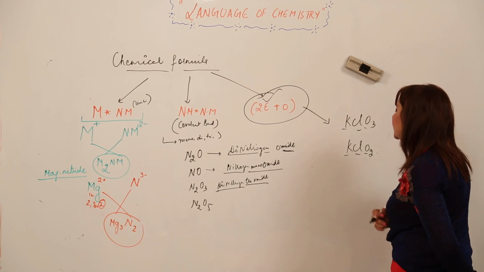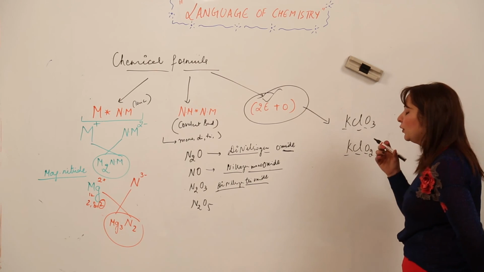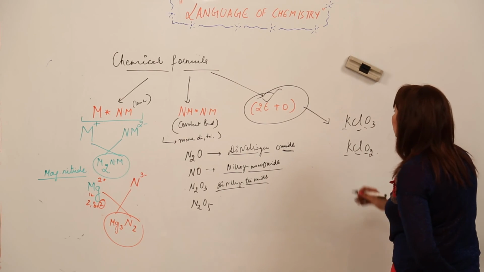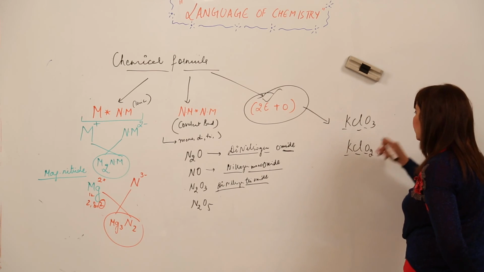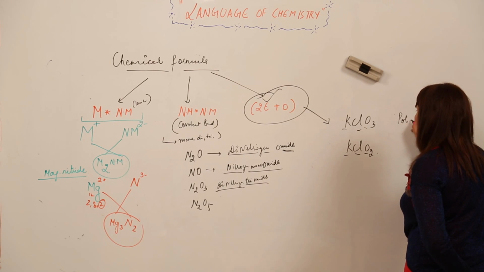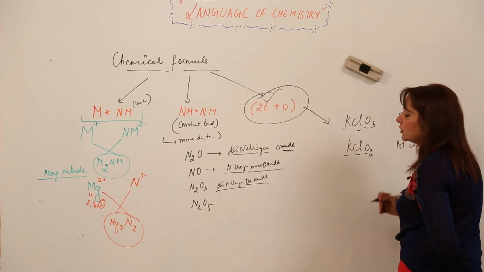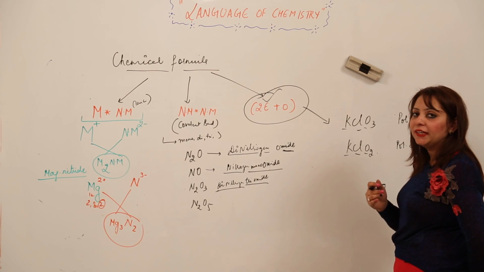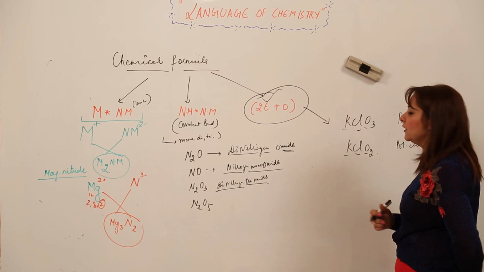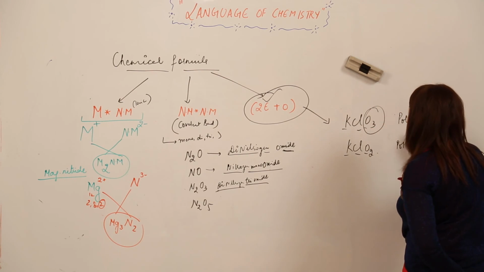So when you are writing the name for it, you need to write the name of the 2 elements first. So that means it is potassium, potassium, Cl, O. Now out of them, which will contain more oxygen than the other, its name is going to end with ATE.